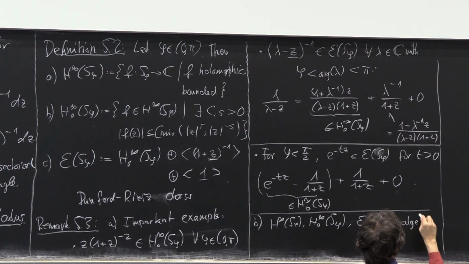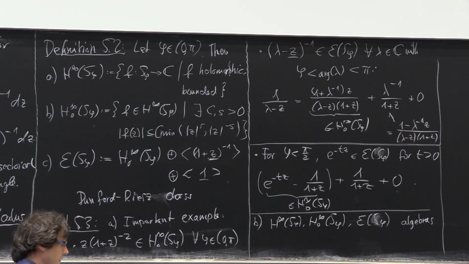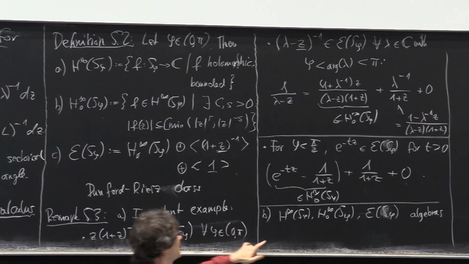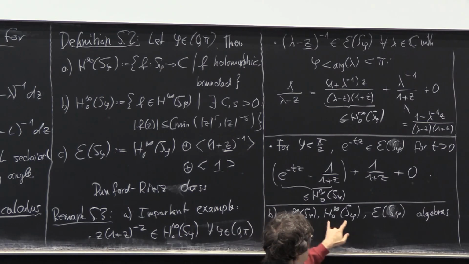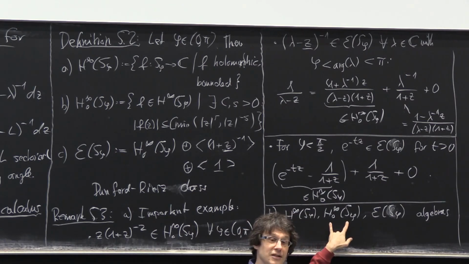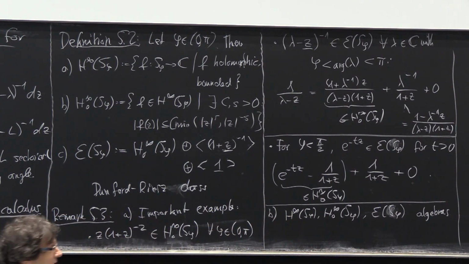So this means they are closed under multiplications. And this is easy to see for the first two. If you take two bounded holomorphic functions and you multiply them, you get a bounded holomorphic function. If you multiply two bounded holomorphic functions that have a decay at 0 and infinity, this gives a bounded holomorphic function with decay at 0 and infinity.